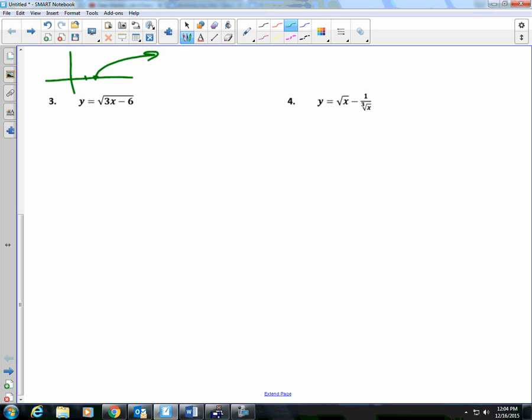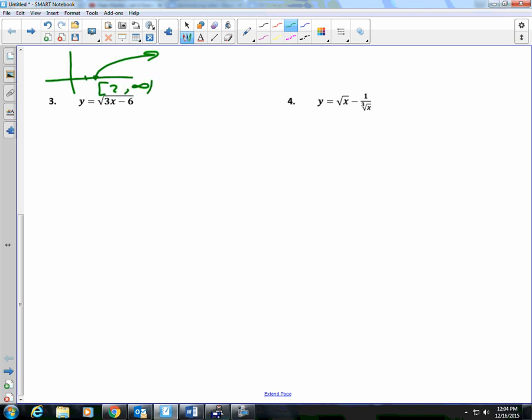So I want you to think about something here, okay? When you take a square root, can you take a square root of negatives? Could you plug in +1 to this? No. You're only going to plug in values from 2 to infinity because that's the domain, right?